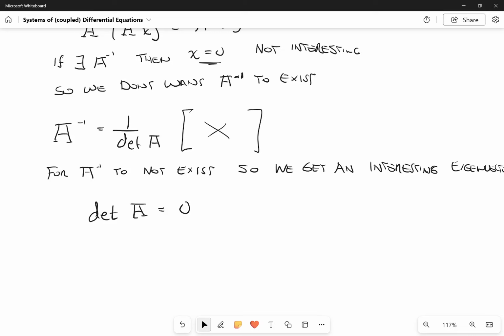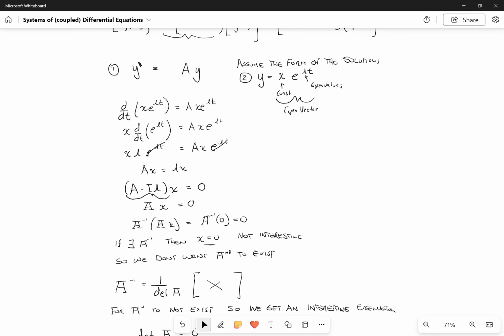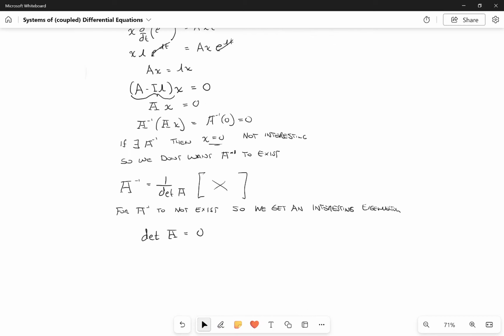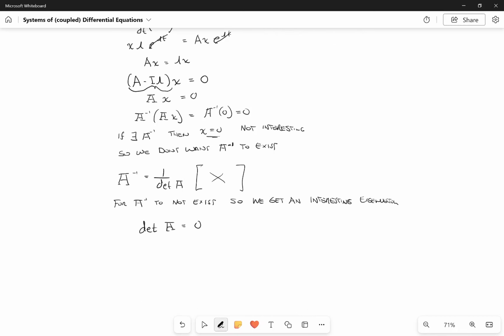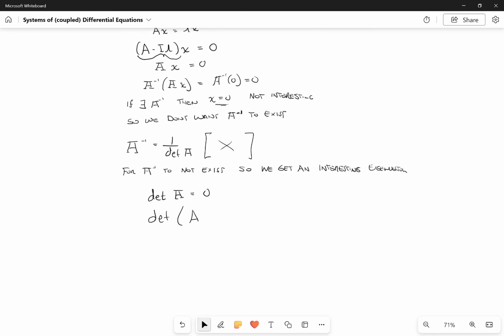So we want this det A to equal 0. In addition to these equations, 1 and 2, where 2 is the assumed form of the solution, we also have this condition. So what's A? It's our original A minus I lambda. A minus lambda times the identity matrix has determinant equal to 0.